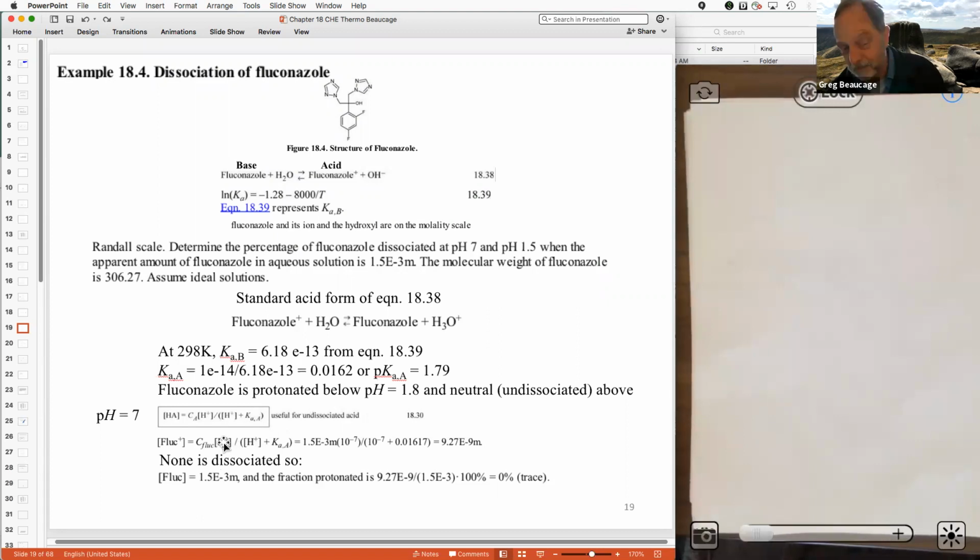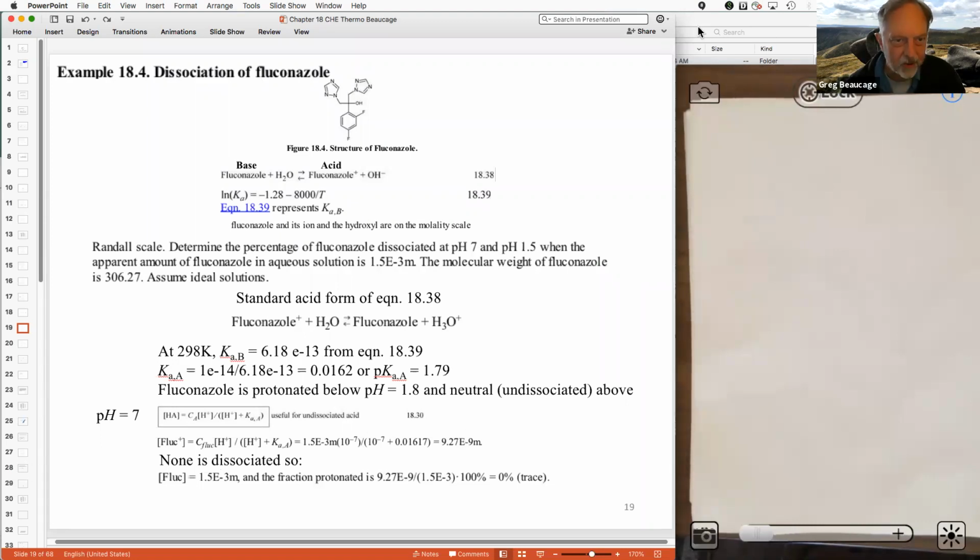So the proton concentration is 10 to the minus pH, and that gives you the hydroxyl concentration. Then you plug in the concentration you fed in, 1.5e-3 molal, which is moles per kilogram, but at low concentration that's the same as moles per liter. You just use that number in this equation and get the same units out. So basically, this is just showing you can use that.